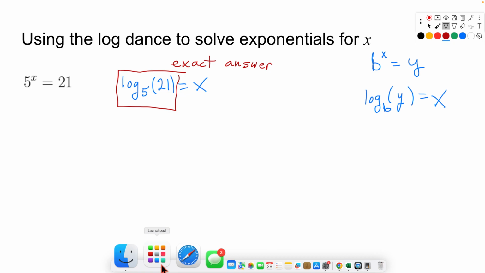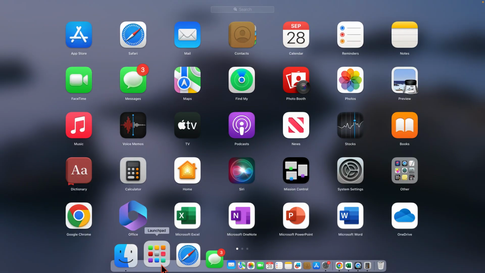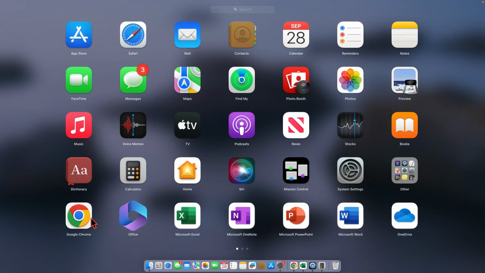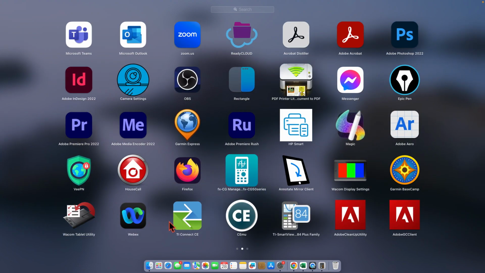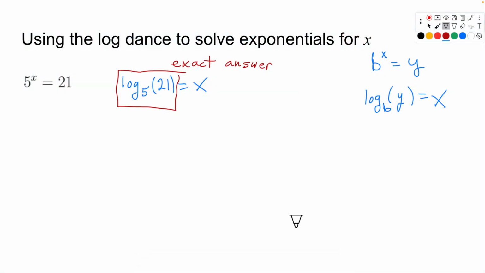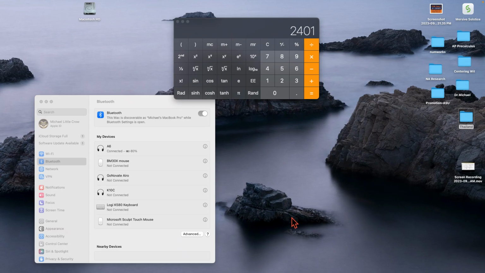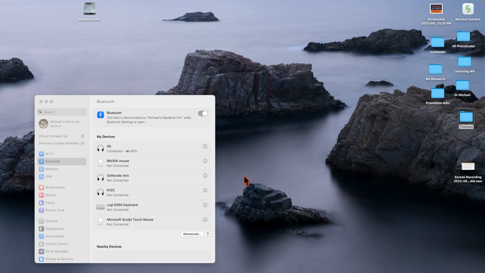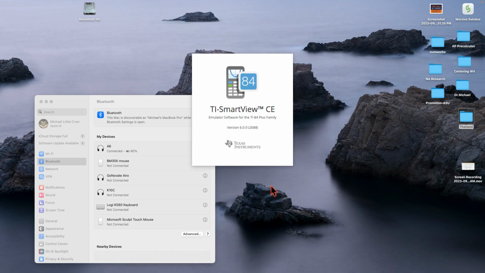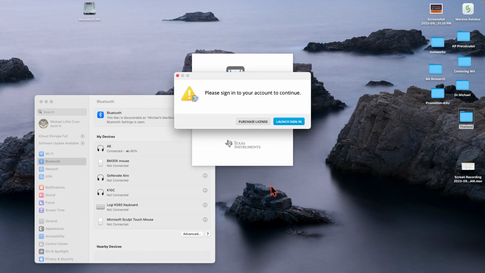But let me also go here. Just as a reminder, we can use our other calculator. Remember, you could use the change of base if you don't have a TI-84 or one that allows you to do the change of base.